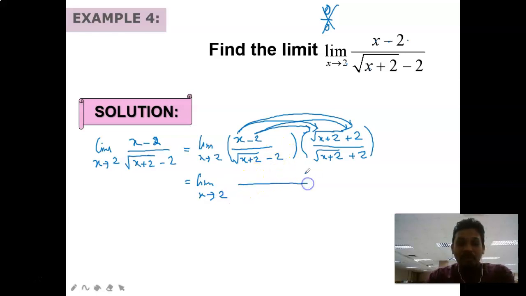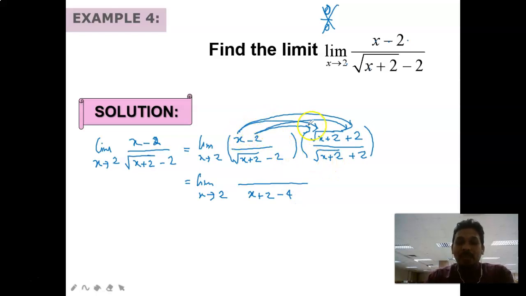Okay, you try, so we expand this one by one. What I get here now is square root of x plus 2 times square root of x plus 2, which is x plus 2, and then square root of x plus 2 times 2, and also here negative 2 times this one equals 0. Then here negative 2 plus 2 equals negative 4.